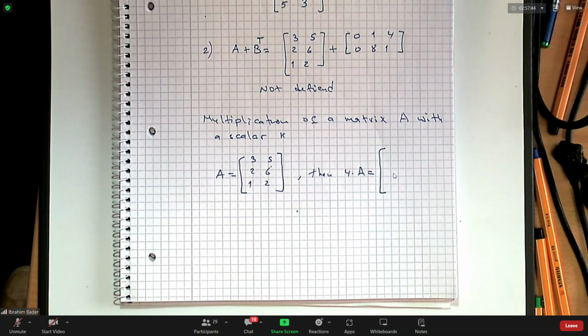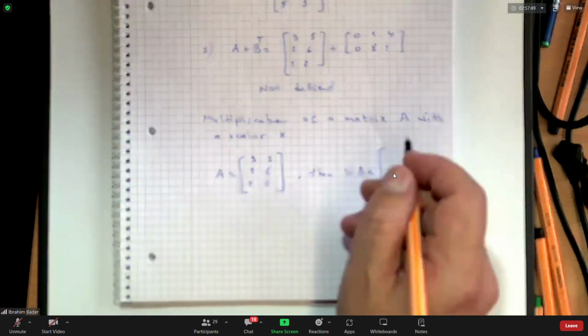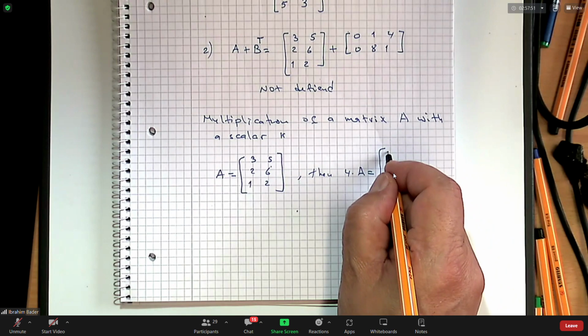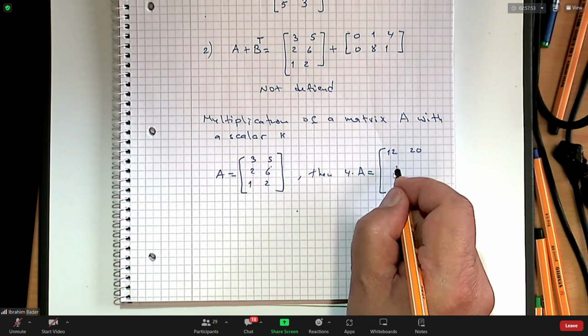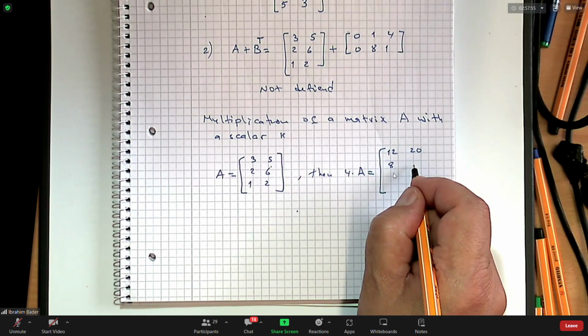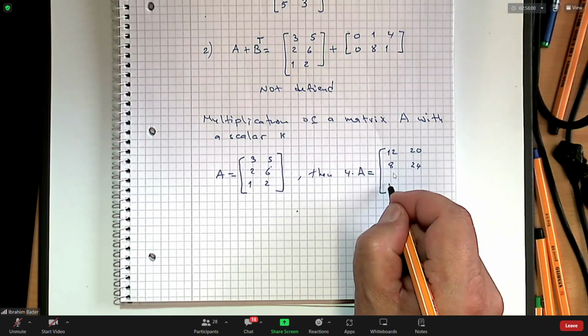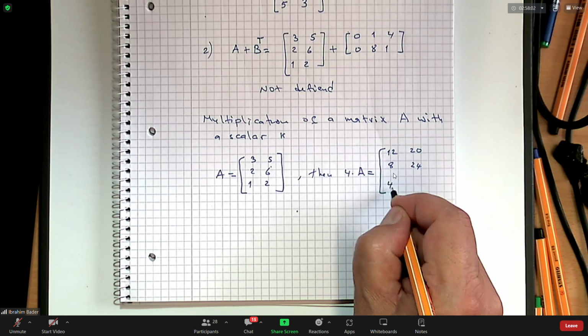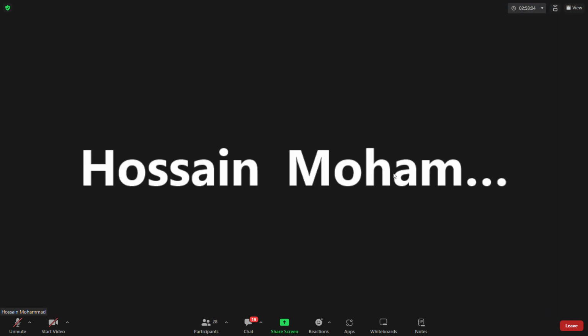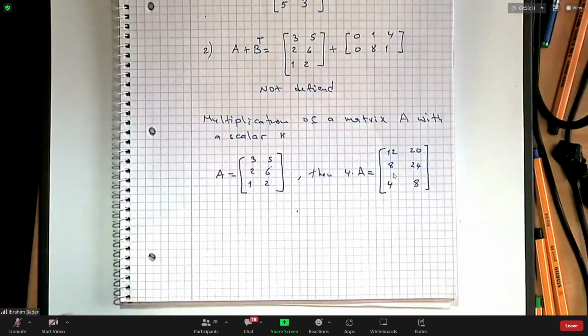So here you will be having the 4 and you will be expanding this into all elements, okay? So 12, 20, 8, 4 times 6 is 24, right? And 4, 8. You just expand this constant to all of the elements within the matrix.